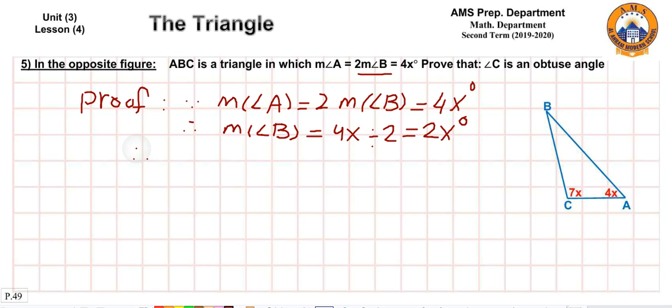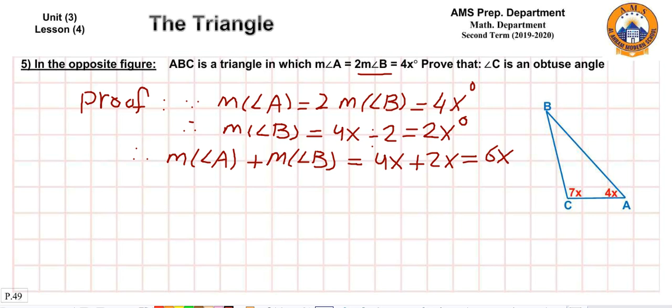Now adding measure of angle A plus measure of angle B, it will be 4x plus 2x, which equals 6x.